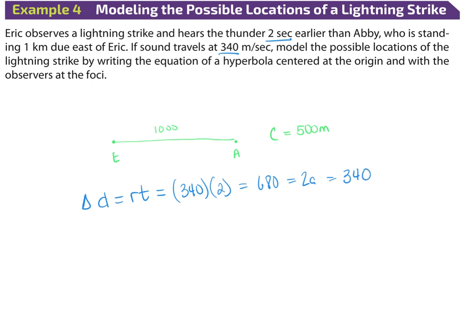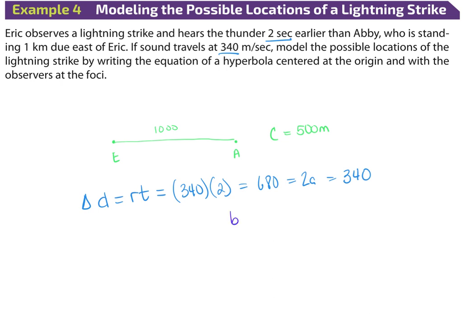Everybody see that? My focal points distance apart, cut it in half, that's going to be my C. My vertices distance apart, cut that in half, that'll be my A. So if I have A and C, what else can I get? B. To find my B squared, if you're putting it into a formula, you don't really have to find your B unless I ask for it. Your B squared is what actually goes into your formula.